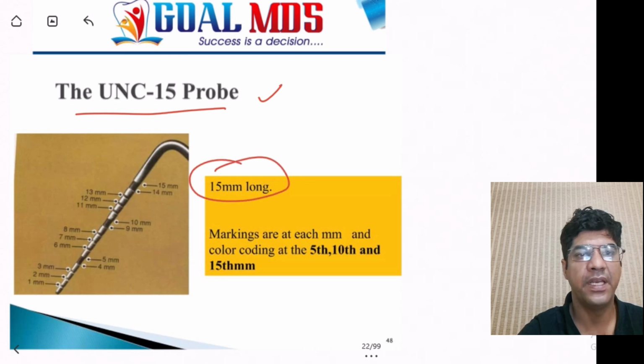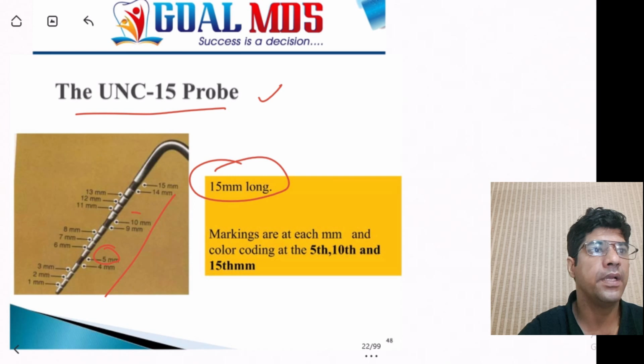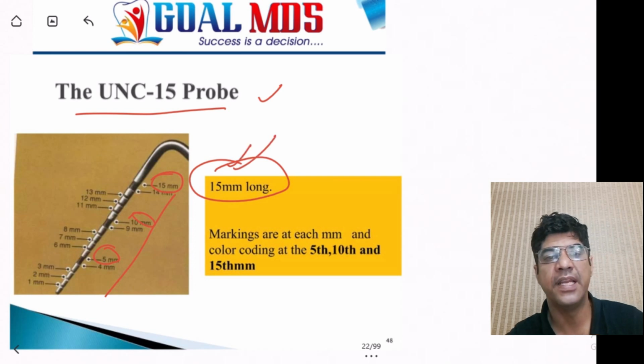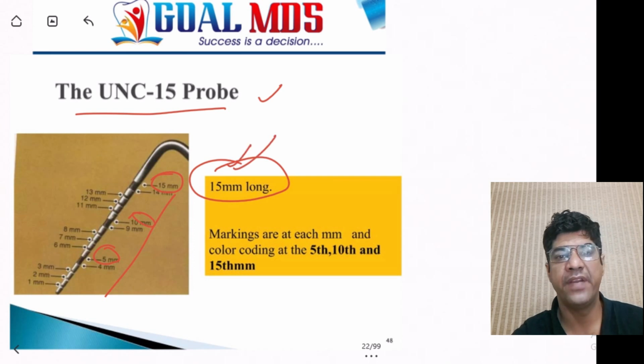So UNC 15, remember, is a 15 mm long probe with millimeter marking at each millimeter and color coding at 5, 10 and 15 mm. The UNC 15 probe is unique due to its length of 15 mm.